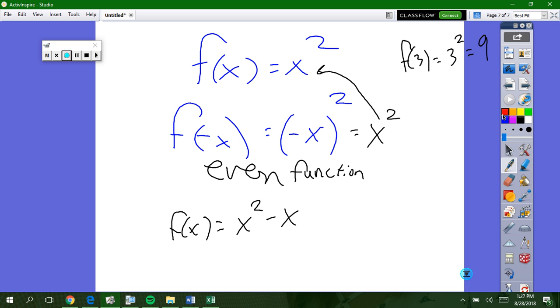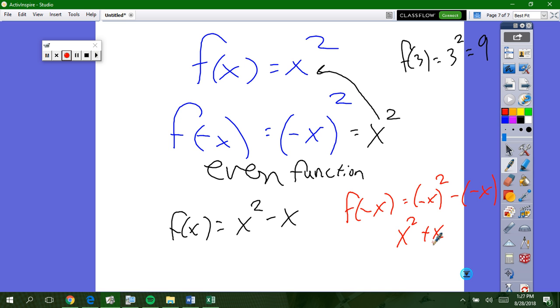So we have to replace the x with negative x and see what we get. I get negative x squared minus negative x, which comes out to x squared plus x. Are they the exact same function? No, so it's not even. Is it odd? It's not the exact opposite.